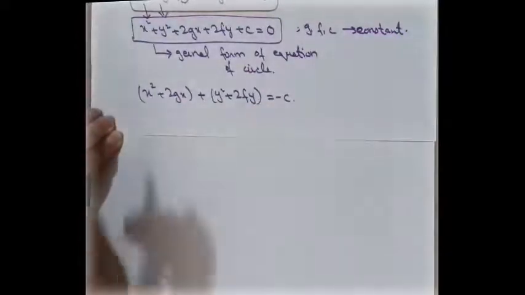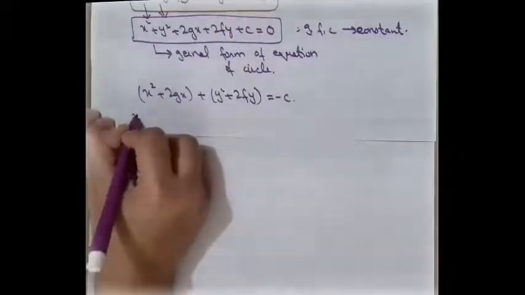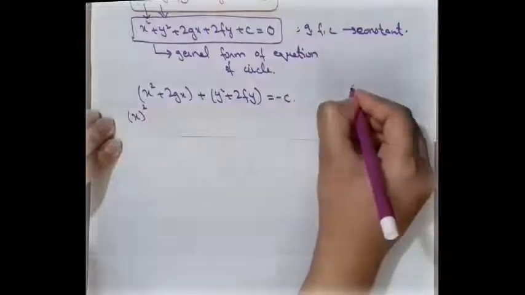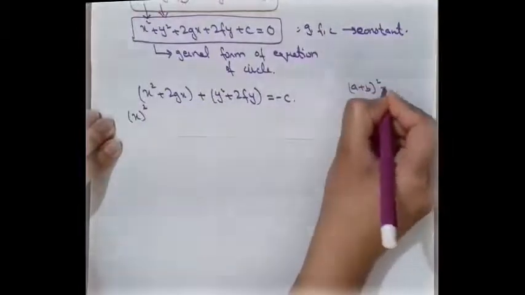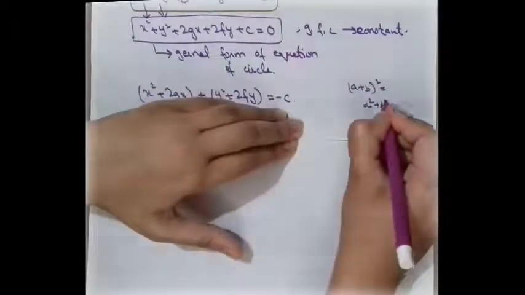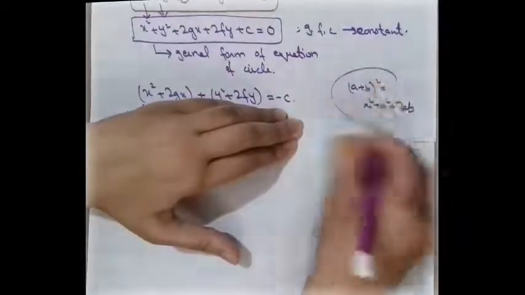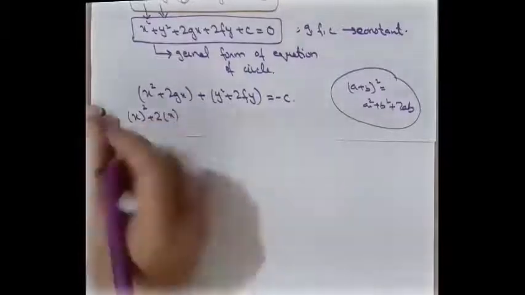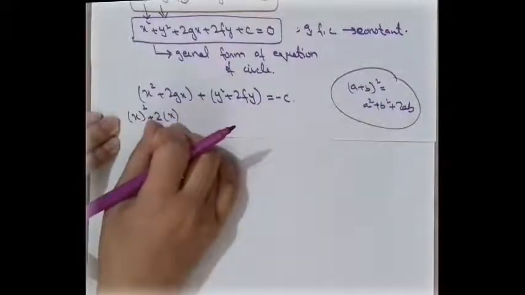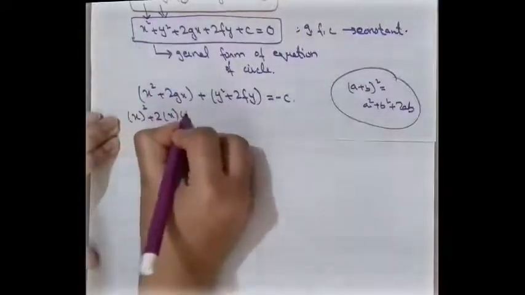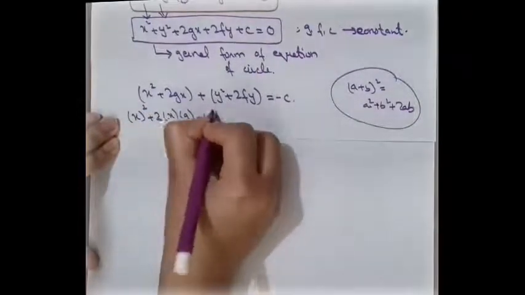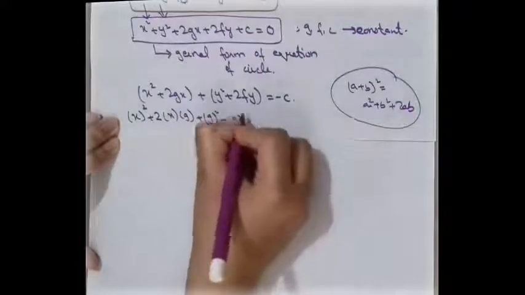By the completing square method, we use our formula (a + b) square equals a square plus b square plus 2ab. So here is x square and 2, and x is given. The value we require to complete this factor is g, so add the square of this factor and subtract it as well.